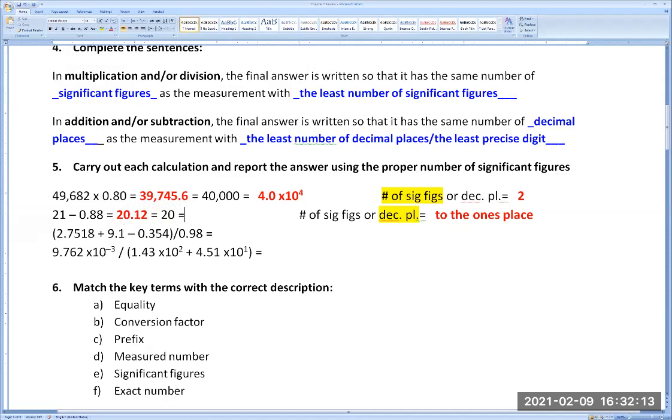But if you keep it like this, it's only showing one sig fig, and it shows a precision to the tens place, not to the ones place. So that's not correct. So the way to show that it's to the ones place, you need to add that 0, the decimal point, I mean, right?